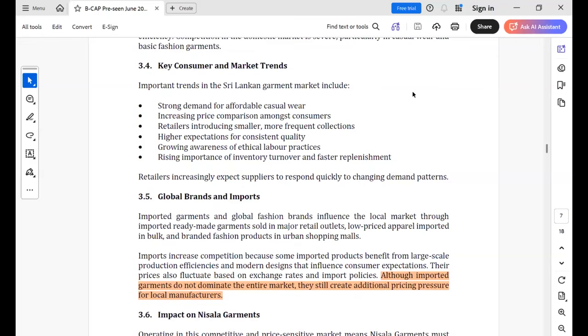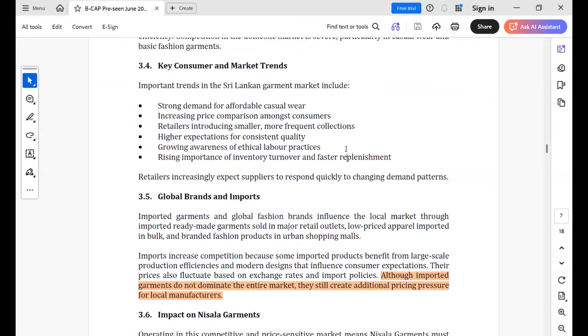And growing awareness of ethical labor practices. Now, earlier, basically, you hired the labor and paid the minimum amount, right? They gave only the very basic facilities, right? But in today's context that is not the case. Especially the consumers expect to wear a garment which came out of ethical business practice, right?